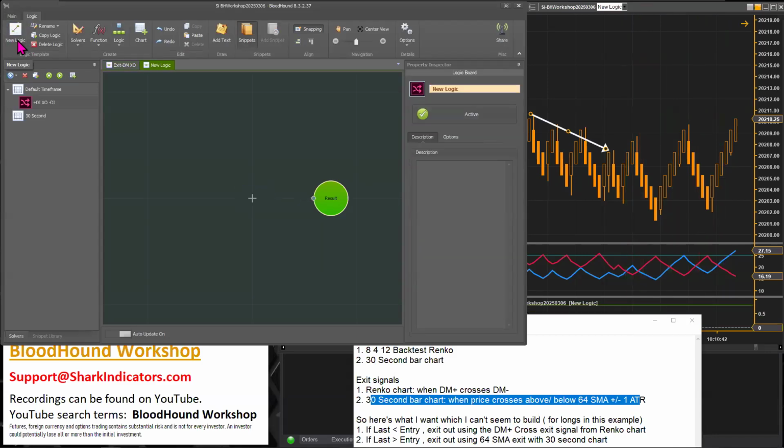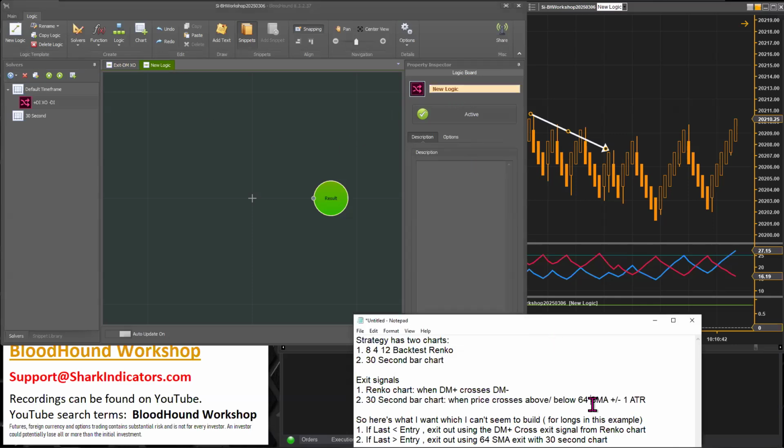There we go. Hit the new logic. And so this will be there. All right. Price crossing over the SMA.